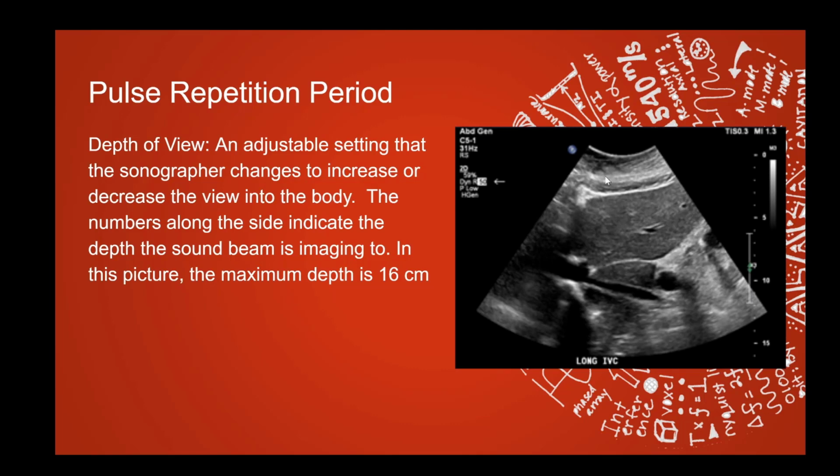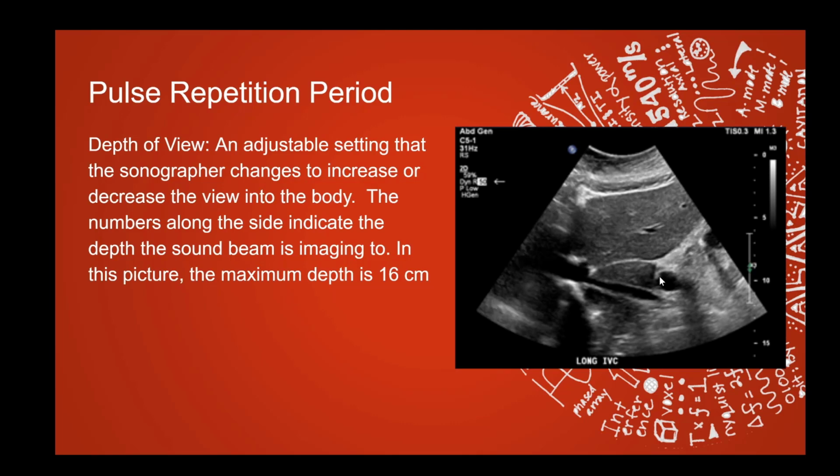And if you recall, what I said at the top of the lecture is that that pulse has to come out, it goes down one scan line, travels all the way to 16 centimeters, and then the machine listens for all echoes that are coming from, at the most, 16 centimeters. So it's waiting for this very itty bitty tippy echo to make it all the way back to the machine, and then it'll send the next scan line down.